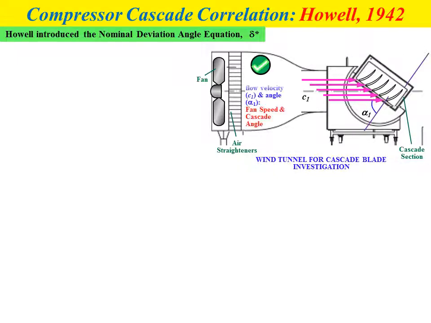Normally these values, the inlet fluid flow velocity C1 and the inlet fluid flow angle alpha 1, are already determined by the designer or by the researcher during the experiment. In order to change the value of C1 and alpha 1, we can change the fan speed and also the cascade angle.